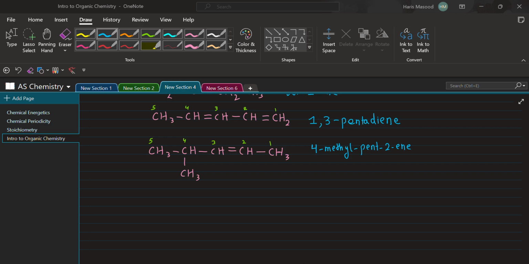If you get this first basic concept of naming, then the further concepts are very easy. There's nothing new in that. You just need to remember the names, like in halogens we use bromoethane, chloroethane, like that. And you'll get used to them once you start practicing past papers.